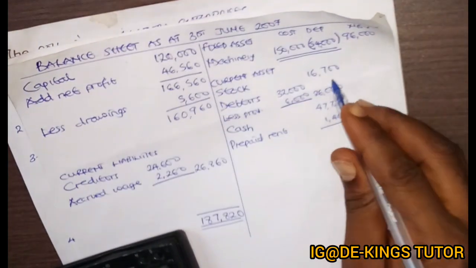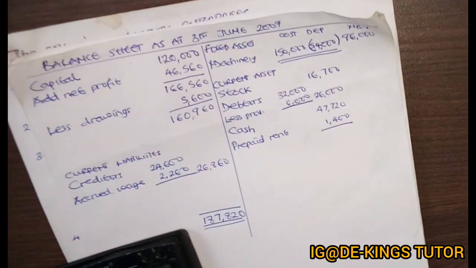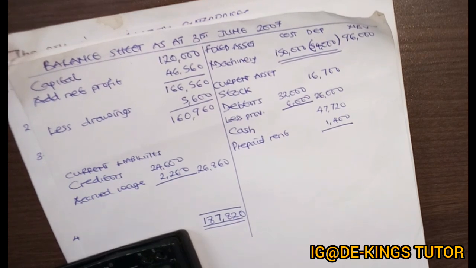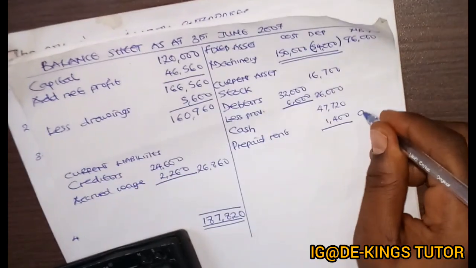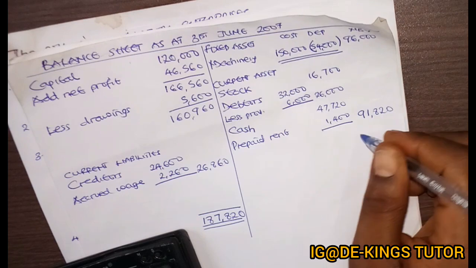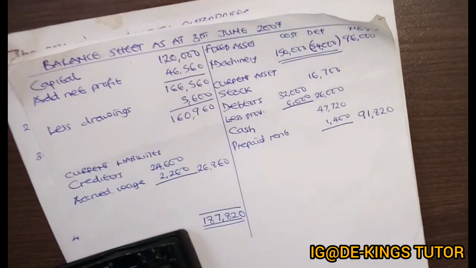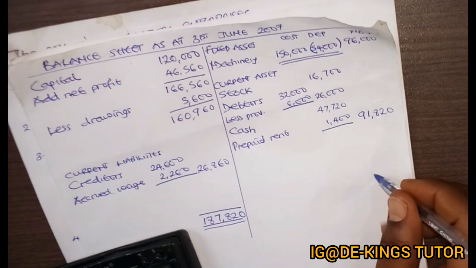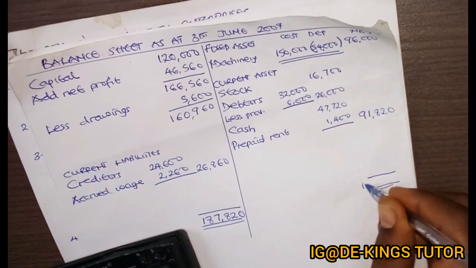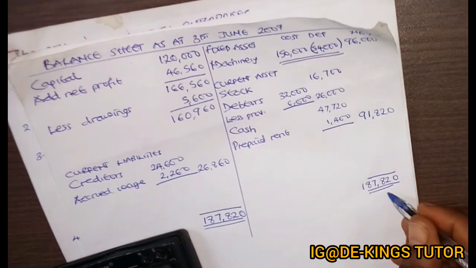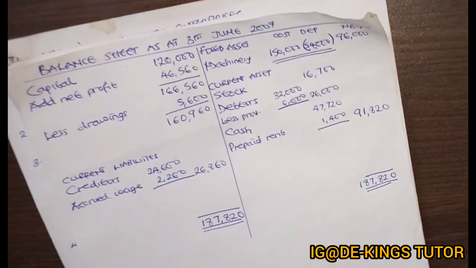Now if we first of all add 16,700 plus 26,000 plus 47,720 plus 1,400, this will give us 91,820. Then 91,820 plus 96,000, the total is now giving us 187,820. So both of them balance by themselves.